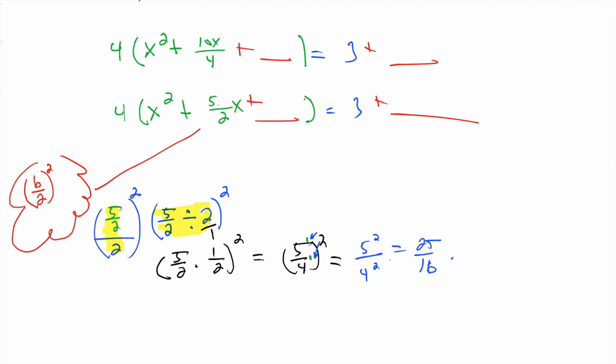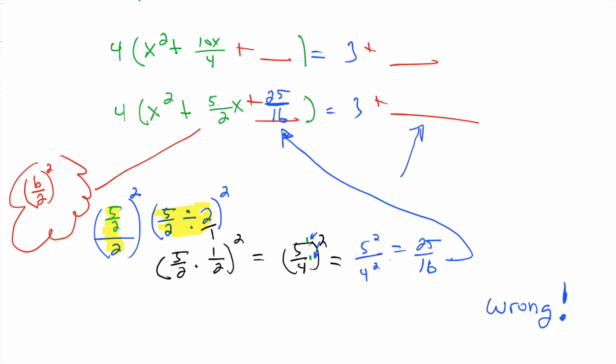I'm going to ask you a question. So what goes right here? Well, your b over 2 squared, right? So your 25 over 16. Okay, now pay close attention. I'm going to ask you another question, and here's my prediction of what I'm about to say after you give me your answer, unless you're brilliant.